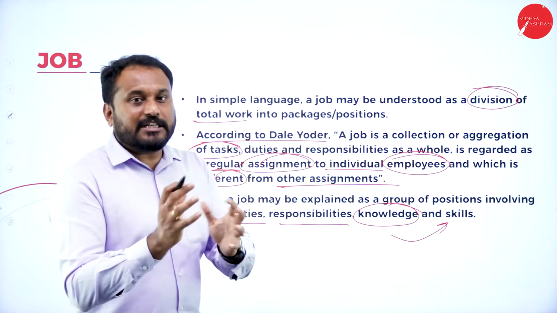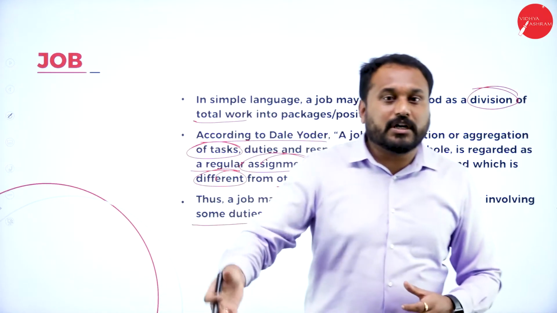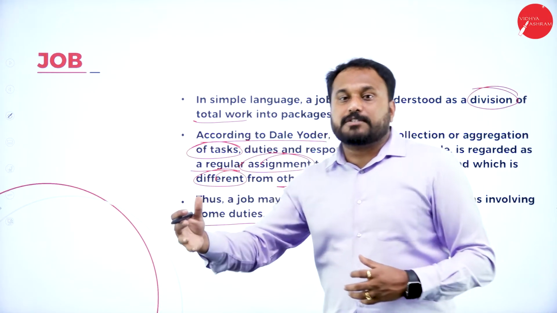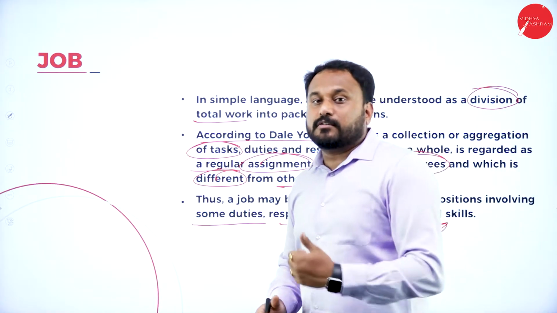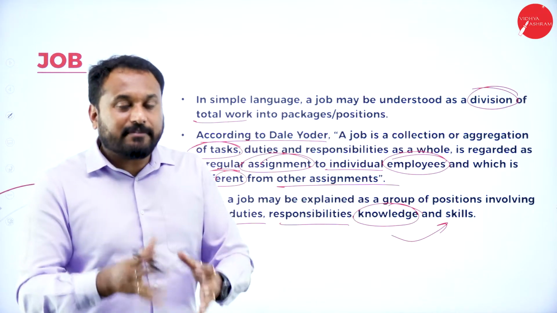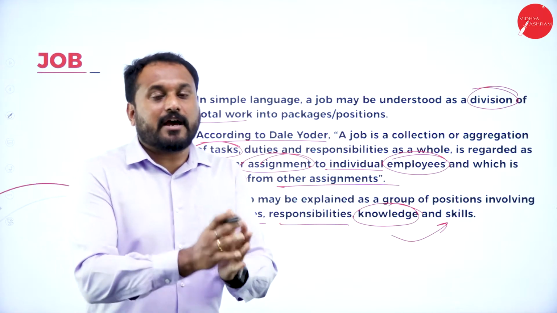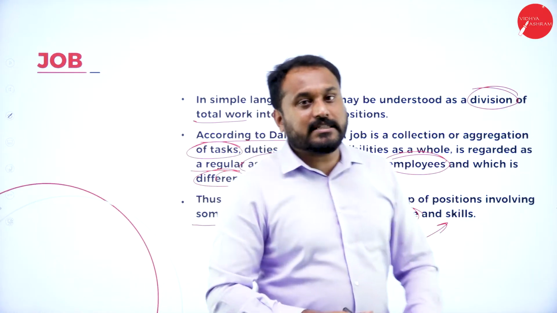In a nutshell, a job is a collection of work or collection of small tasks which you are supposed to finish. And in order to do that, you will be getting authority, responsibility, and to do it in a proper, efficient or effective way, you are supposed to have skills. So this is called a job.